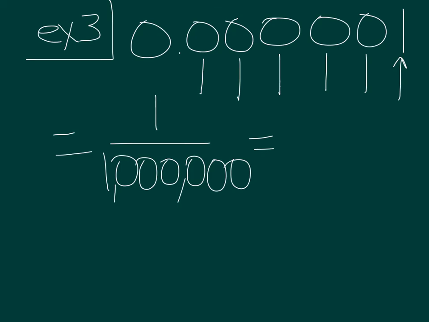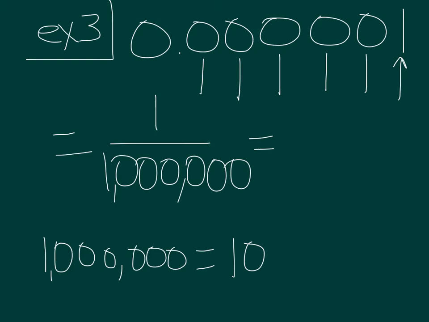And it's important to know that 1,000,000 with an exponent would be 10 to the 6th power. So what they're wanting you to do is write this as 1 over 10 to the 6th. But then they also want you to write that, flipping that around.